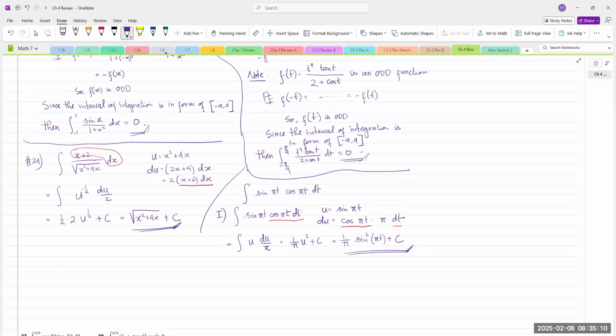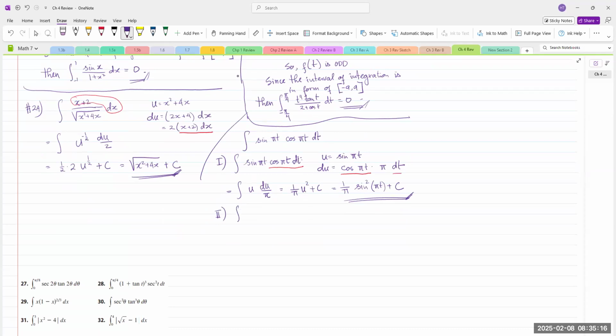That's the first way. Now the second way is a similar idea to the first one, but the u we use is cosine pi t. So cosine pi t times sine pi t, I rewrite the order of multiplication. And then I say, let's let u be cosine pi t instead.